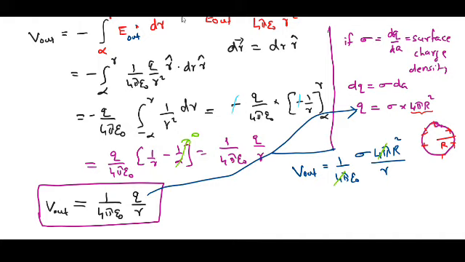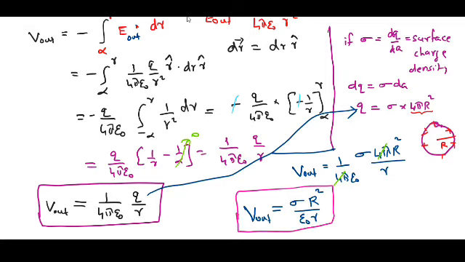Then finally the electric potential outside the spherical shell in terms of the surface charge density is sigma r square divided by epsilon 0 r. Okay. This is the electric potential outside the spherical shell in terms of the charge density sigma.